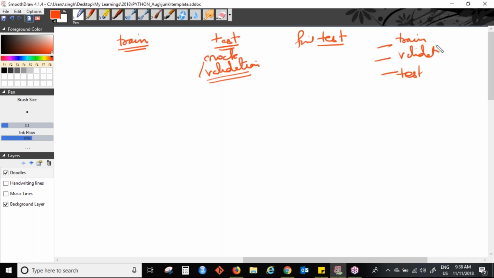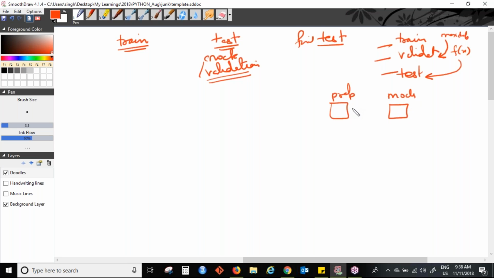So what they will do, they will decide the max depth based on the best accuracy on validation data, and based on this they will freeze the model, and then that model they will use to test on the final test data. So here there is no cheating. This is like a mock test.